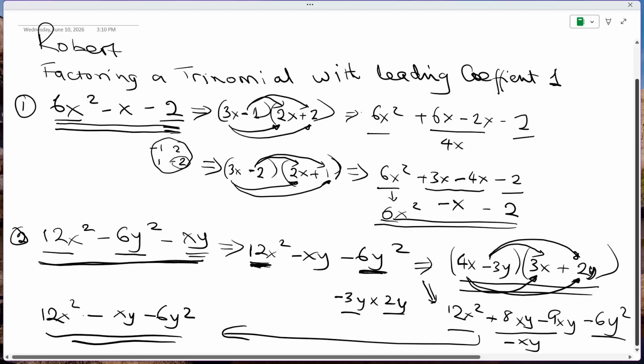And that will be proof that our final answer here is right: 4x minus 3y into 3x plus 2y.